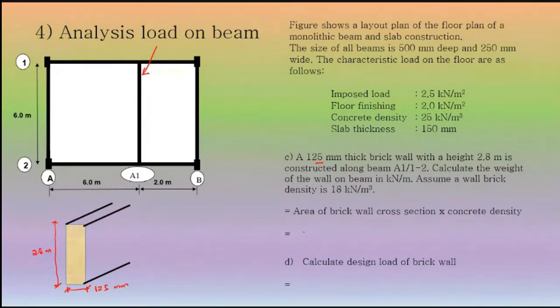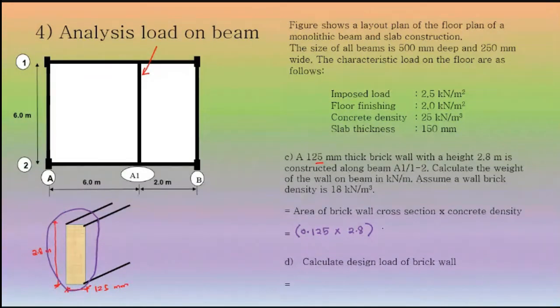So the area of brick wall: what is multiplied by what, guys? Width first. The width is 125 mm, write it down in meter. Remember, 0.125 multiplied by 2.8. This is the area of the brick wall.